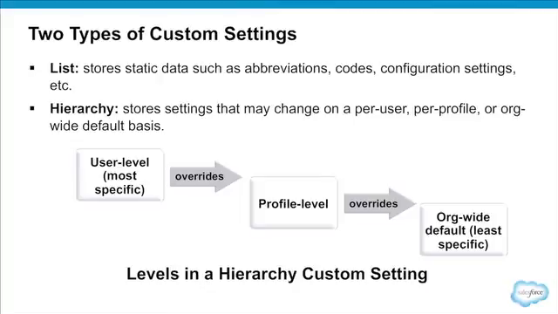The more complex one is the hierarchy. In the list, we're going off of the name. In a hierarchy, we're fetching a record based on its existence associated with the current user's profile, or an org default. Okay? So I'm going to come back to that because it's kind of complex.